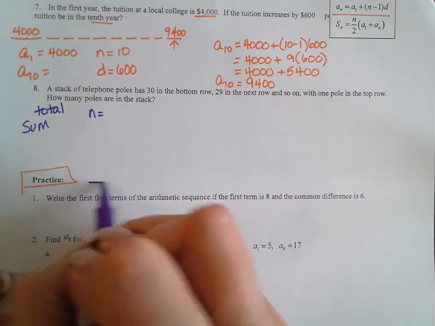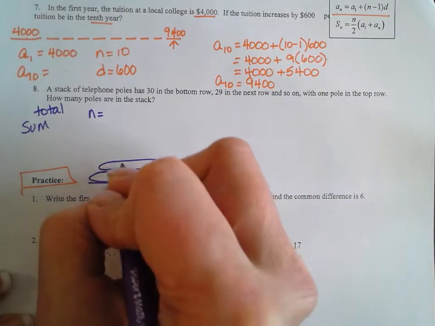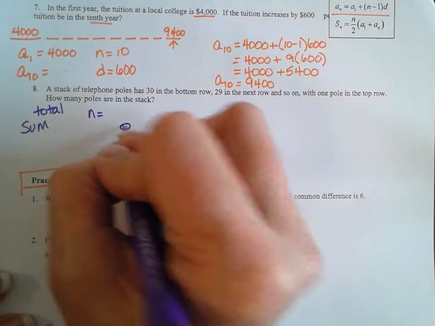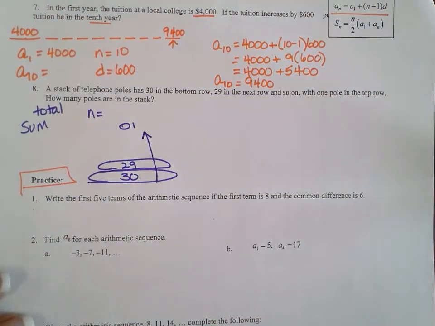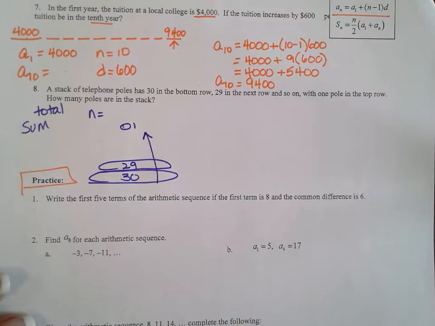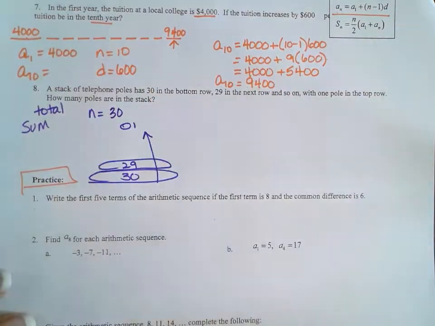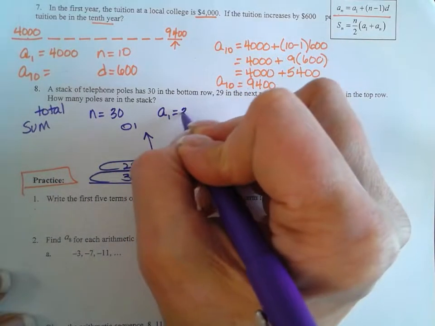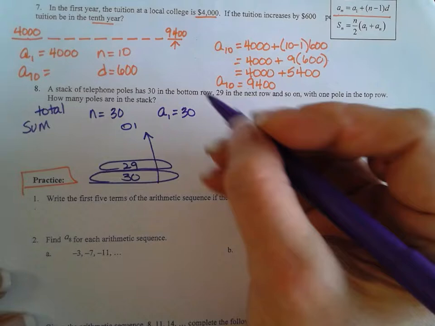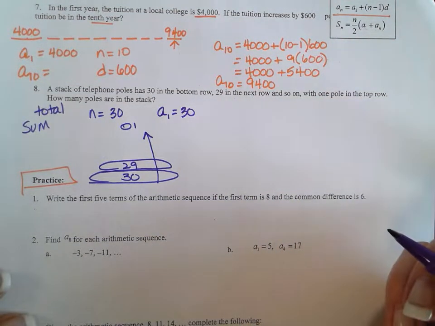If I have 30 down here and it decreases by 1 each time, how many rows am I going to have from there to there? 30. Okay? And my first one is 30. Agreed?